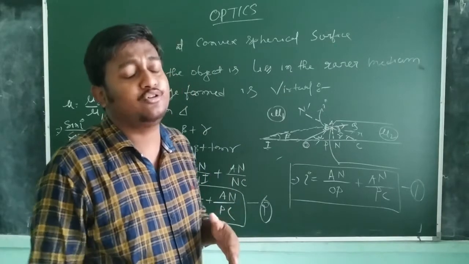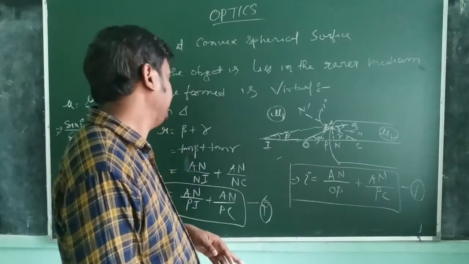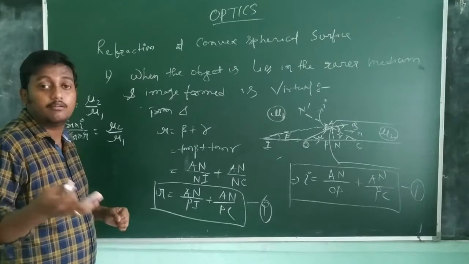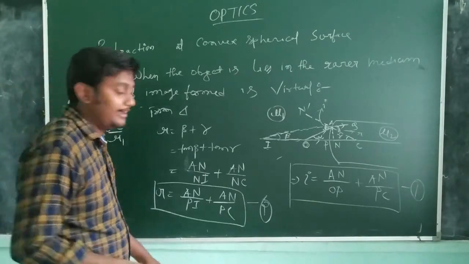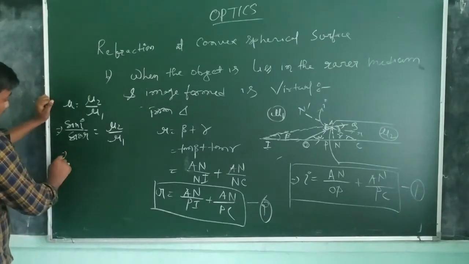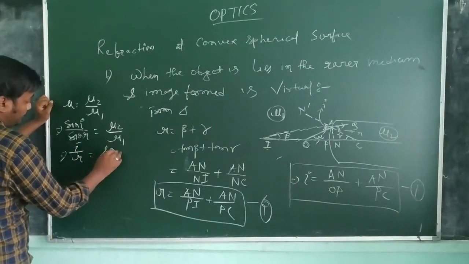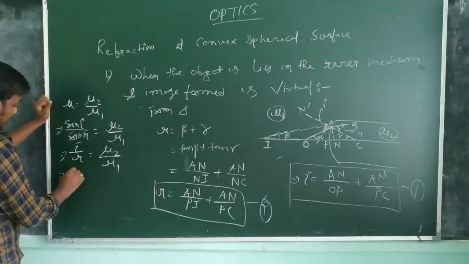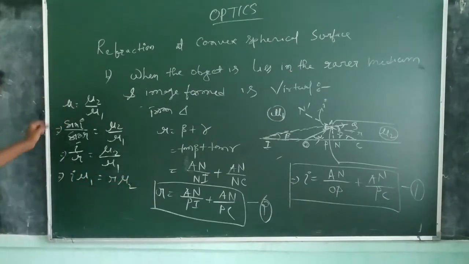For a small angle, we already know that the sine of that angle equals the angle itself. So sin i equals i, and sin r equals r. So we can write this equation as i by r equals mu2 by mu1, so i mu1 equals r mu2.